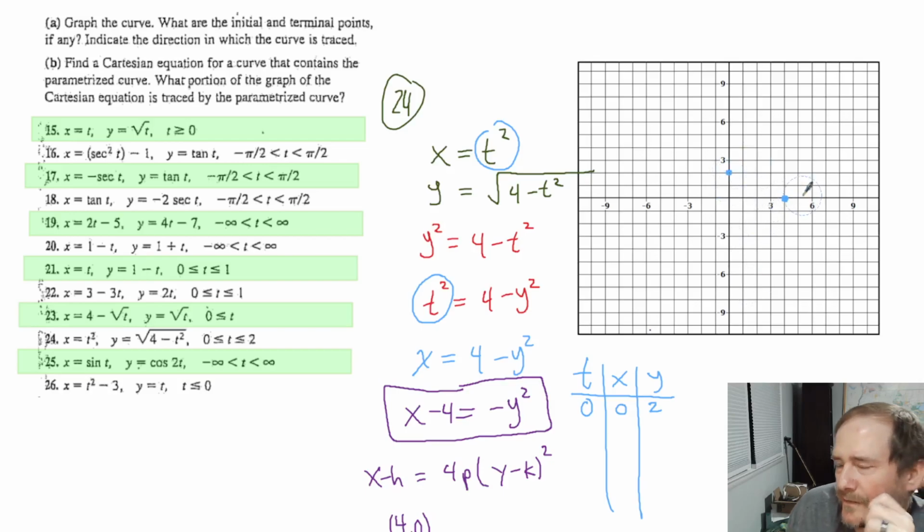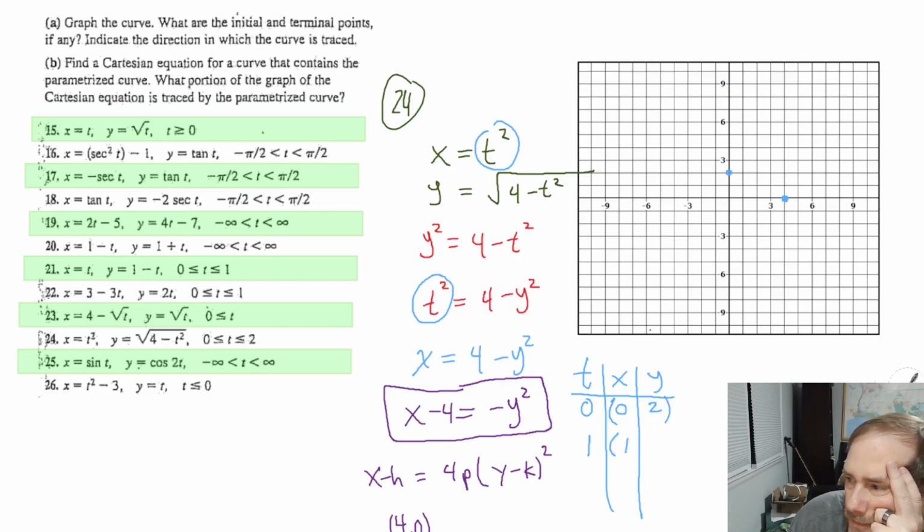Alright, and we said we open left, right? I'm not liking this. I'm feeling like something's wrong here. 0 gives 0. Okay, I don't know. I'm going to keep going for a second. 1 gives me 1.